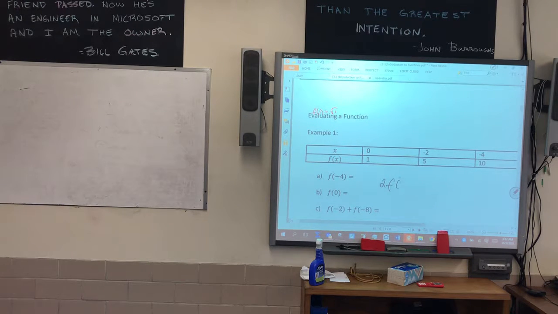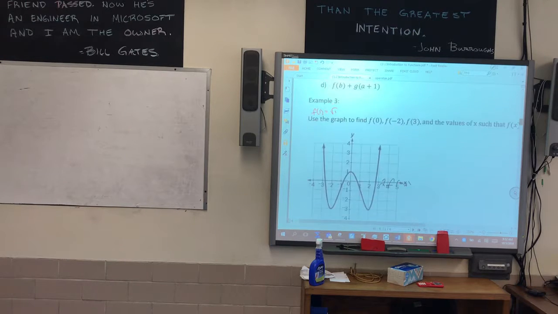Maybe I do it this way, 2 times f of negative 2. Well, I find f of negative 2, right? That gives me 5. What's 2 times 5? 10, right? So we could do those types of things even in tabular form.